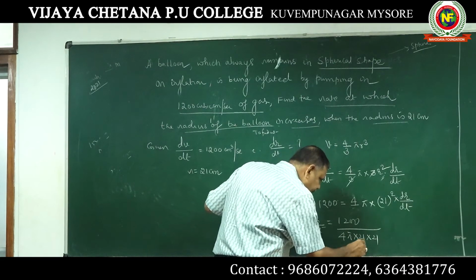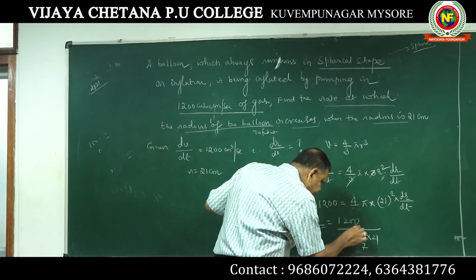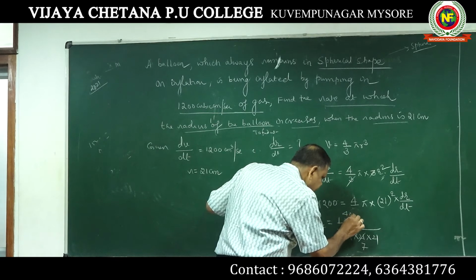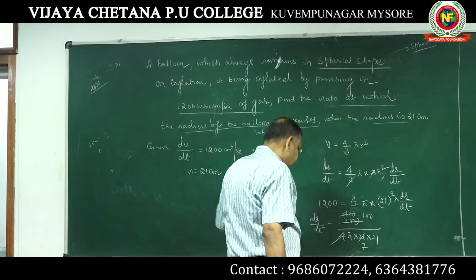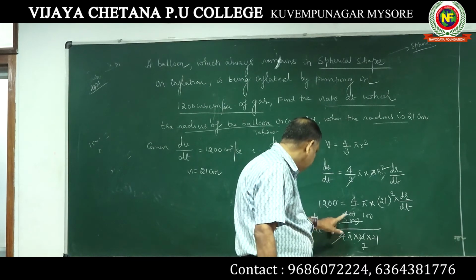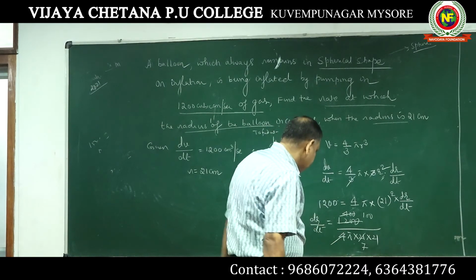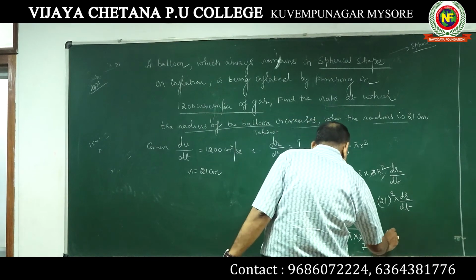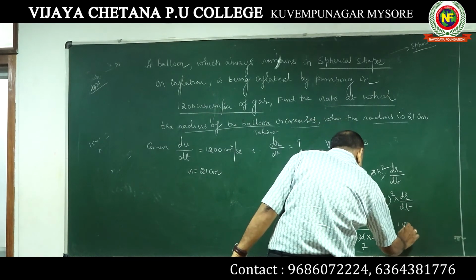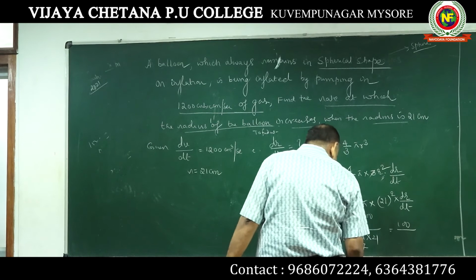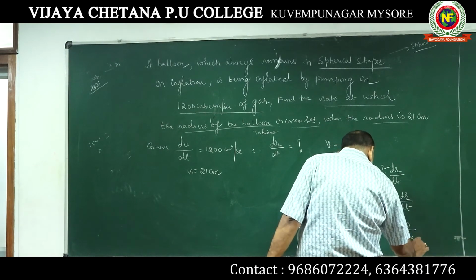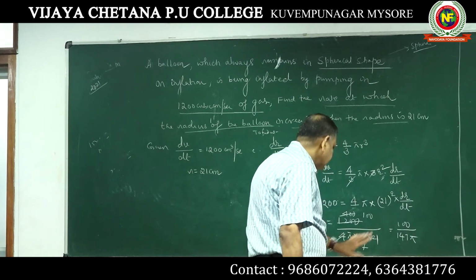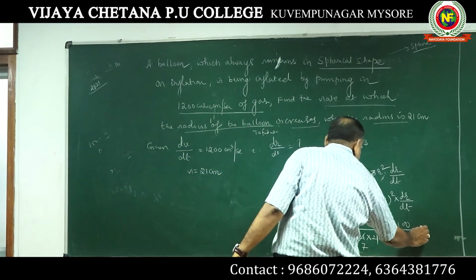You can cancel 3 sevens are 21, 400 goes. Now 400s it goes here, 4 here, 400 it goes. Now it is 100 by multiply, this is 147 pi. It is 100 by 147 pi centimeter per second.